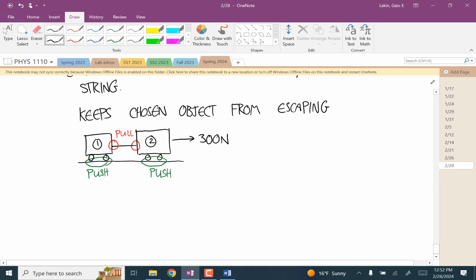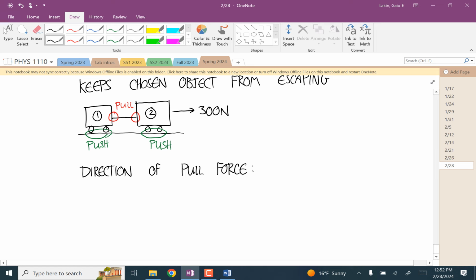And the direction of the pulling force is parallel to the cable, away from the chosen body.